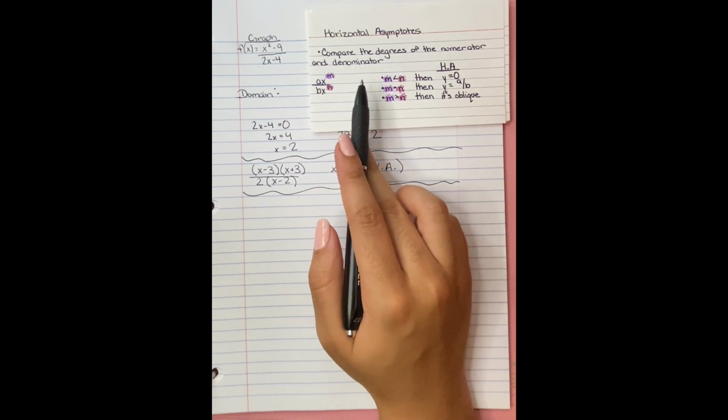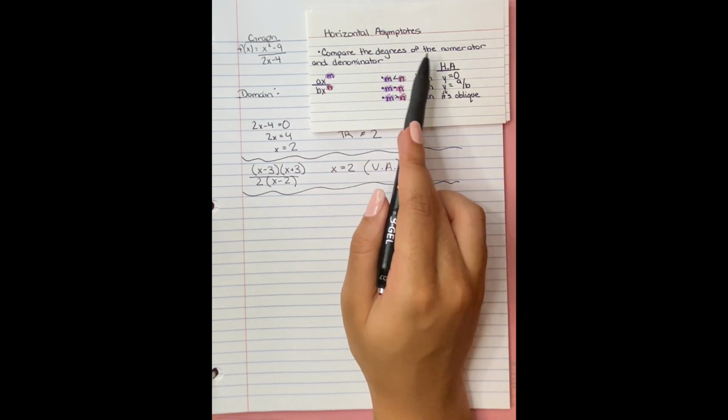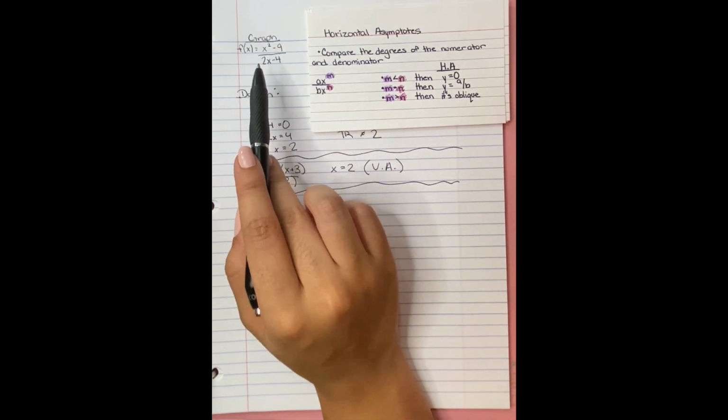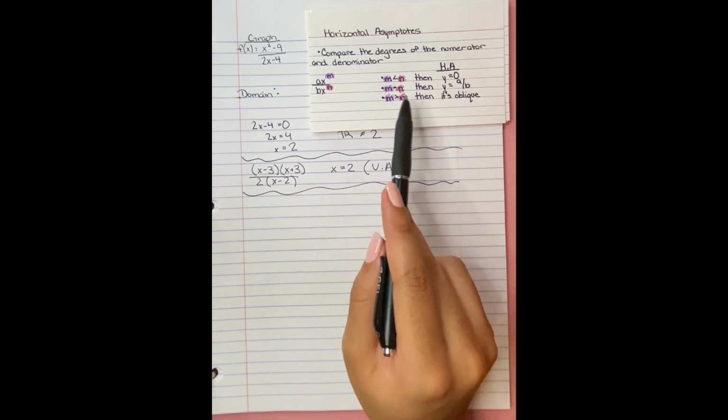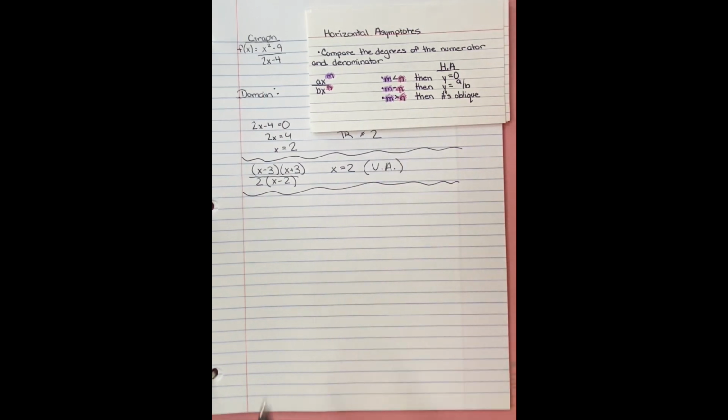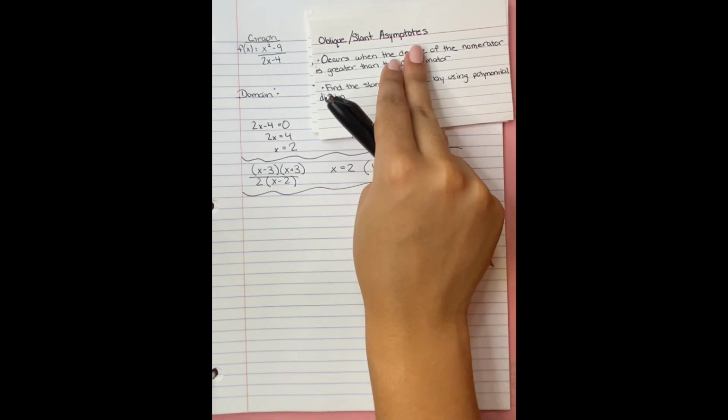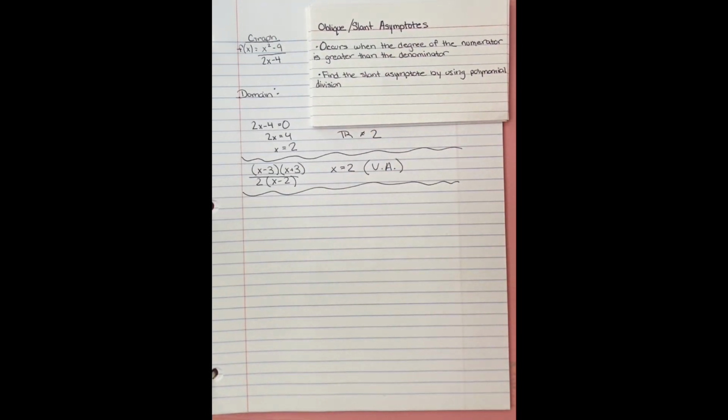To find horizontal asymptotes, we're going to want to compare the degree of the numerator and the denominator. So when looking back at the equation, we can see that our numerator's degree is greater than our denominator's degree. So that means that it's going to be oblique, also known as a slant asymptote. This only happens when the degree of the numerator is greater than the degree of the denominator.